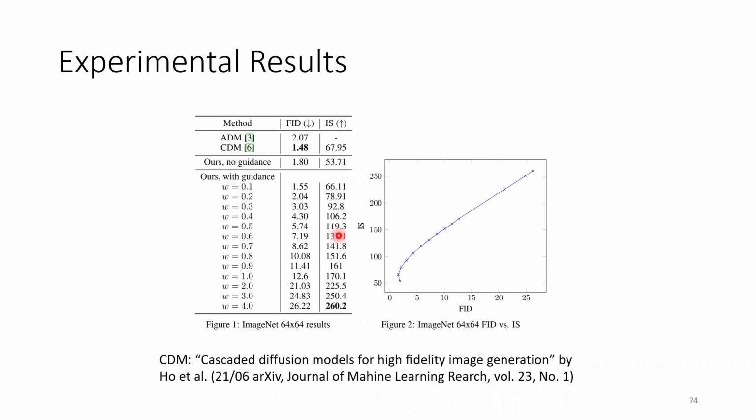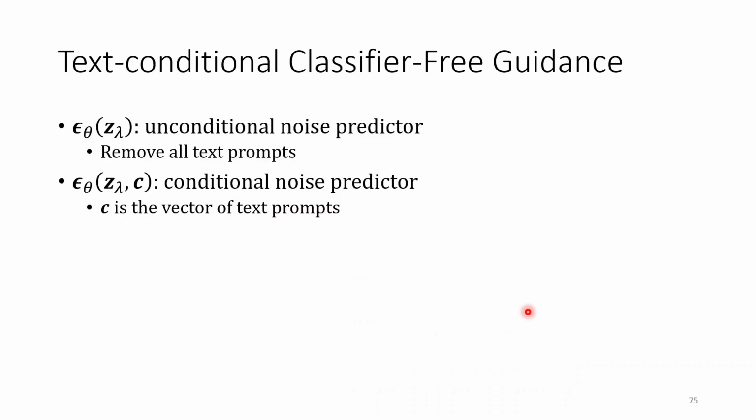Now you have a very big, obvious Corgi in the center of the image, so it will be easy to recognize. So they draw their results here. You can view it as a trade-off. If you want a clear, obvious image, you will have a very high inception score, but you will alter the distribution, so your FID will also become larger.